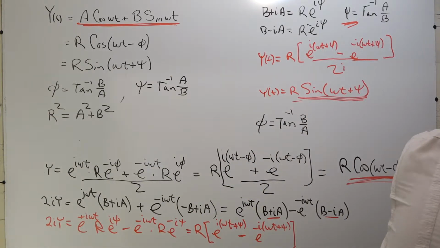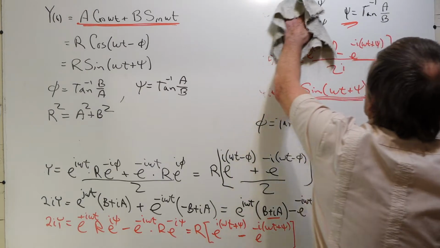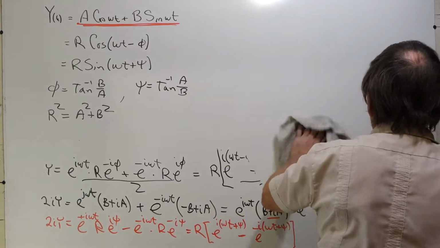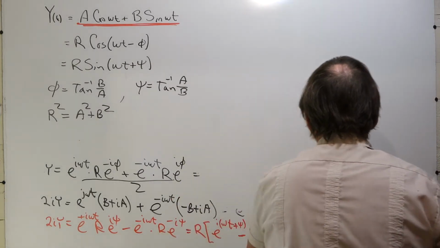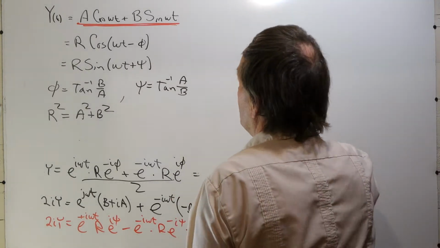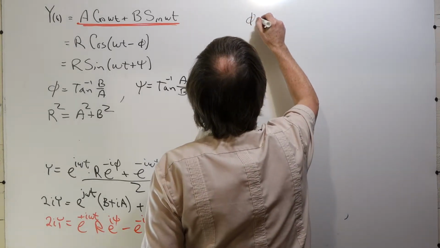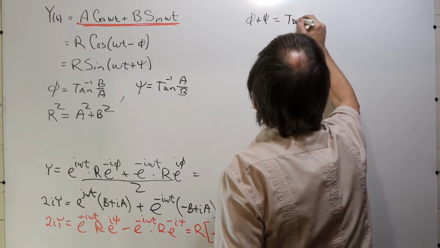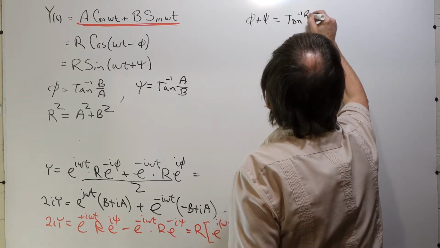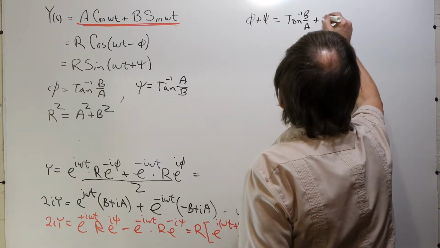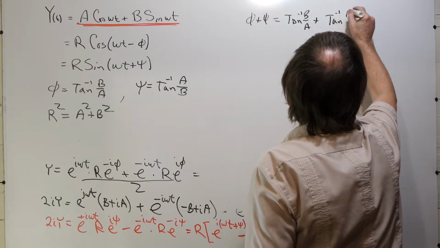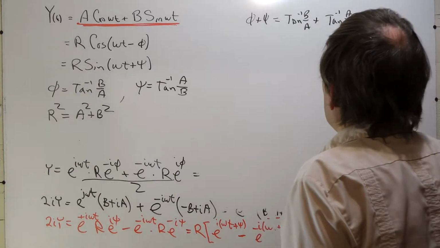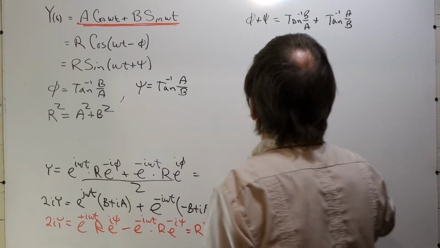Now, we can see a relationship between psi and phi in the following manner. Suppose we add them. What do we get? Phi plus psi is the arctangent of B over A plus the arctangent of A over B. Suppose we take the tangent of both sides.